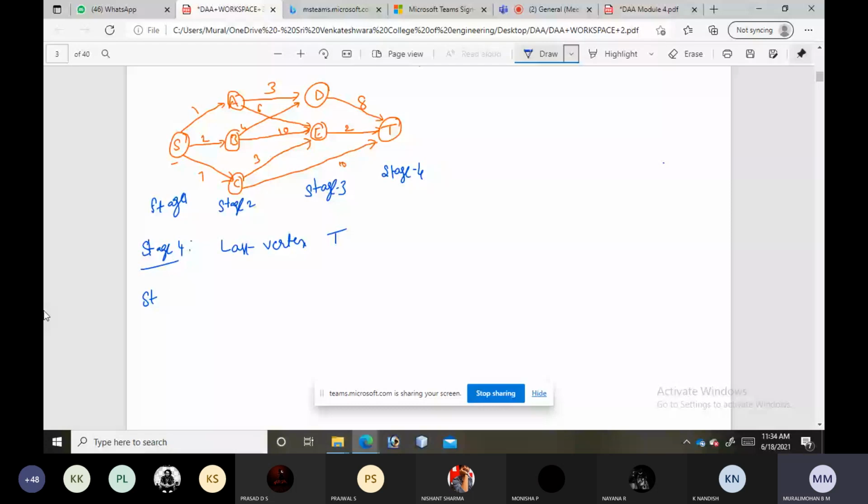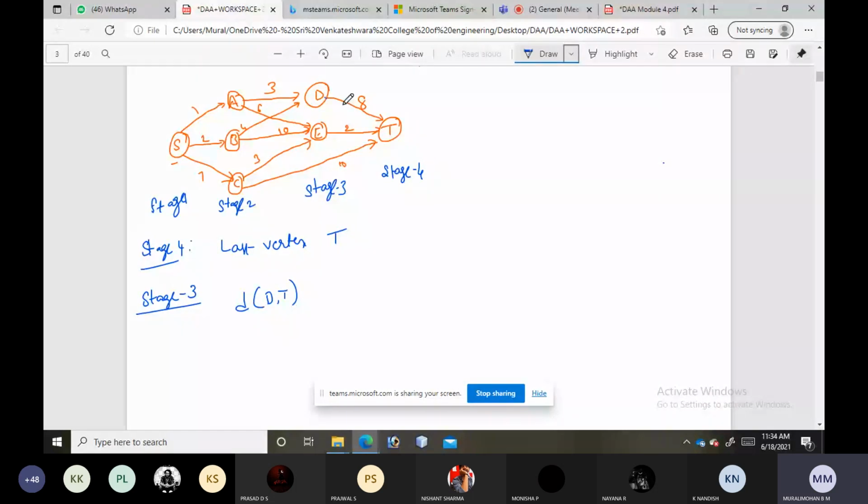So what is the distance? In stage 3, what are the vertices we are having? One is D to T, other one is E to T. So what is the distance from D to T?